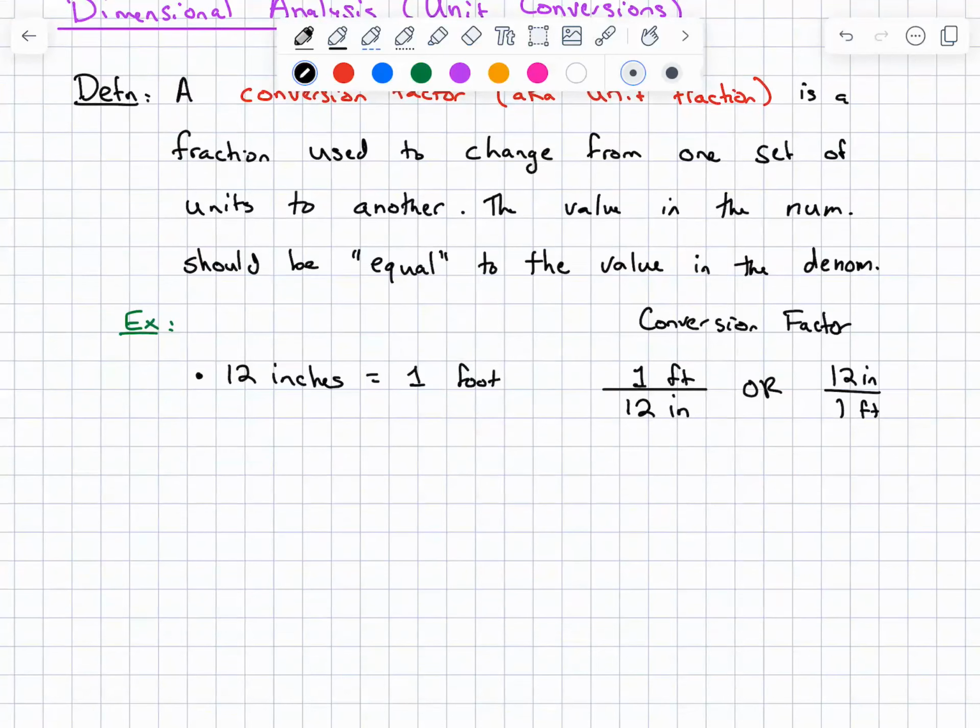Another example, and this is very useful if you're a baker or if you like to cook, is that 3 teaspoons equals 1 tablespoon. Fun fact, if you need a half a tablespoon, granted, I lucked out and my set has a 1/2 tablespoon, but another way to do that would be one teaspoon and then a half a teaspoon.